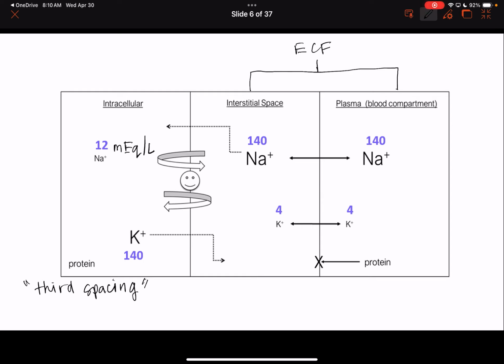So we have fluid that accumulates somewhere outside of these three spaces. Okay? So it's abnormal accumulation of fluid, and this would be usually in a body cavity.